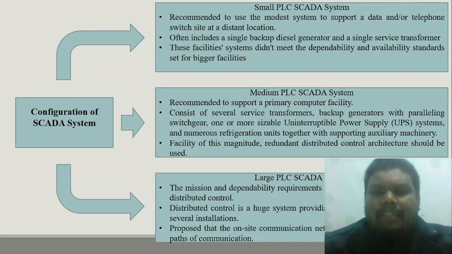For the medium PLC SCADA system, it is recommended to support a primary computer facility, which consists of several service transformers, backup generator with paralleling switchgear, one or more sizable uninterruptible power supply, that's a UPS system, and numerous refrigeration units together with supporting auxiliary machinery.